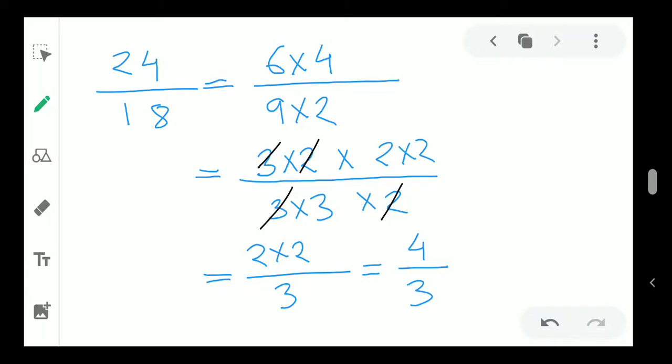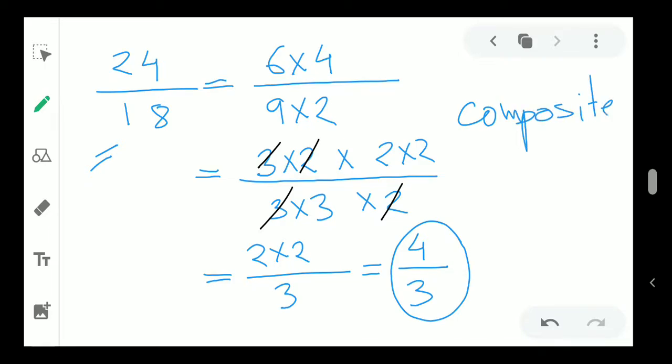So basically in this way you can find the equivalent fraction by the division method. But provided it has to be a composite number. Okay, acha.